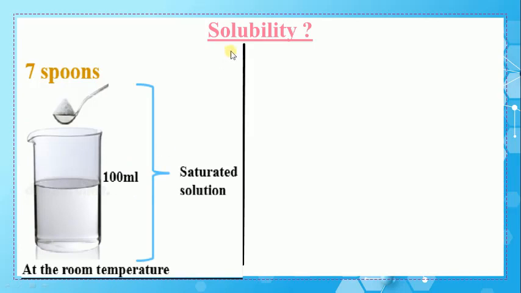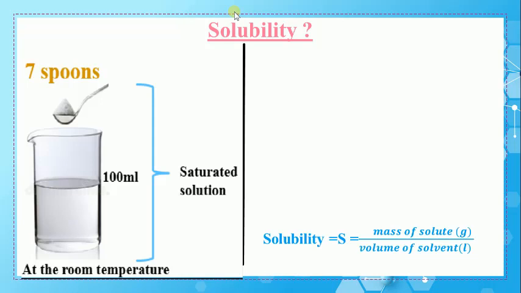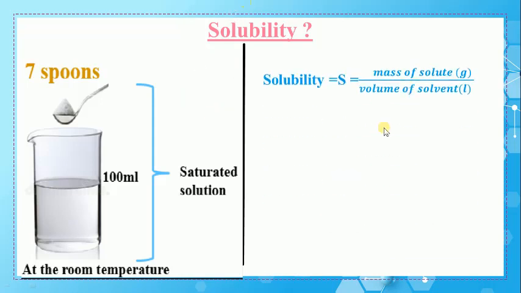Let's remember together. The solubility is the maximum amount of solute which can be dissolved in a specific volume of solvent at specific temperature. The formula of solubility is S equal mass of solute divided by the volume of solvent. Let's now refer to our solution. In this solution, the solute is the salt and the solvent is the water.